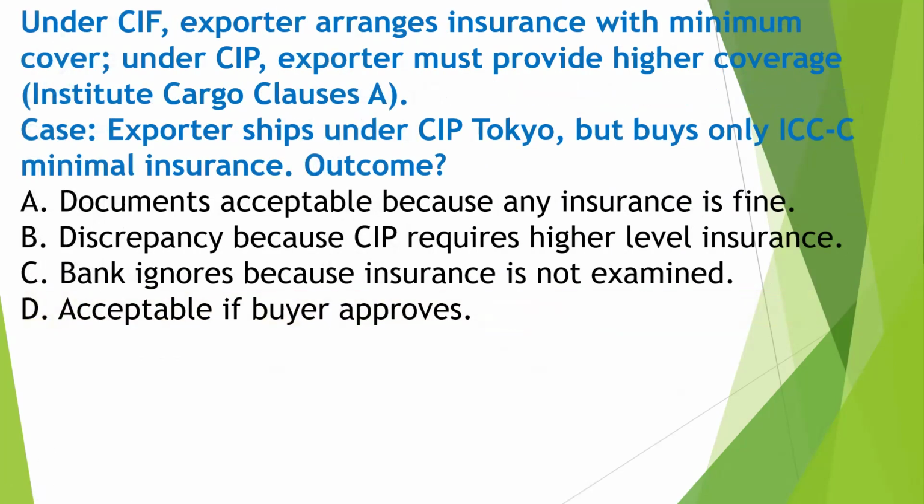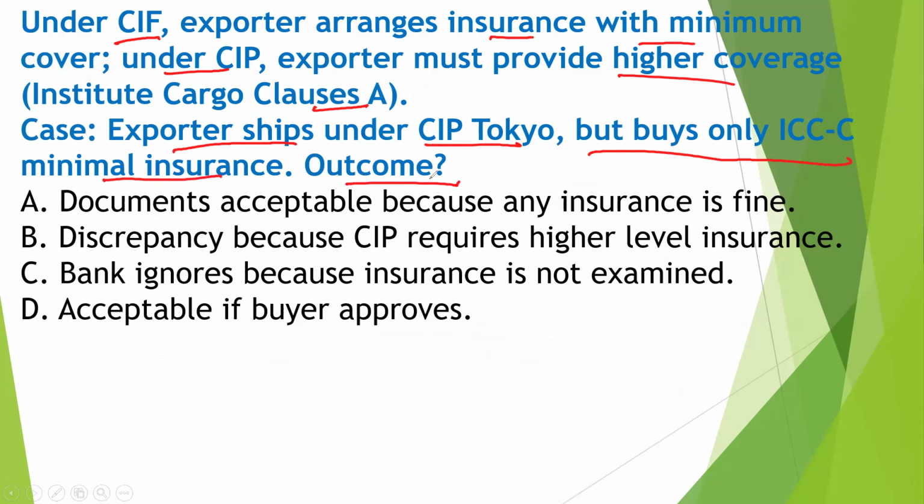So the next question is under CIP. CIP is carriage and insurance paid to, related to Incoterms. The exporter arranges insurance with minimum cover under CIP, but the exporter must provide higher coverage, Institute Cargo Clause A. So in this case, the exporter ships under CIP Tokyo but buys only ICC minimum insurance.